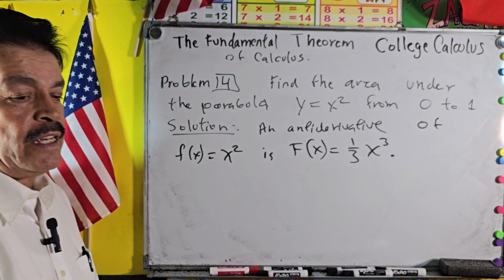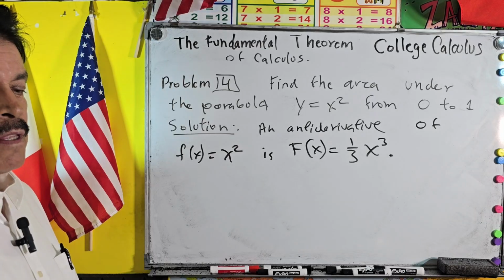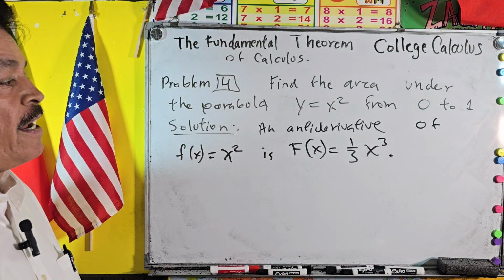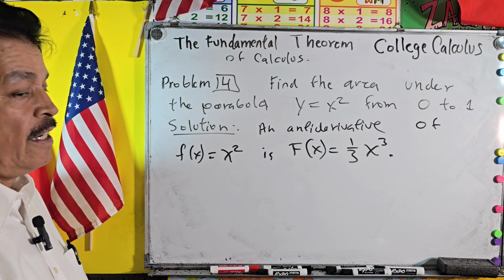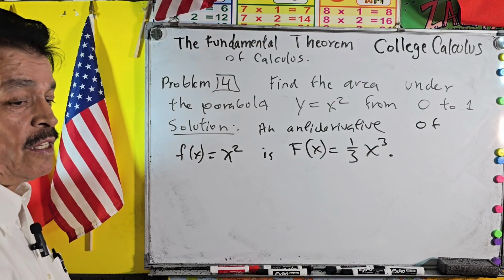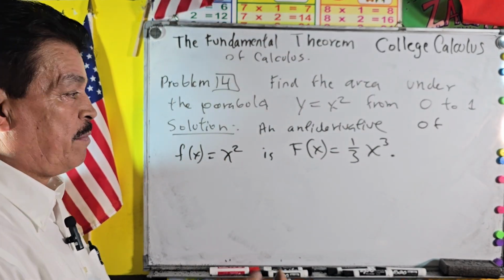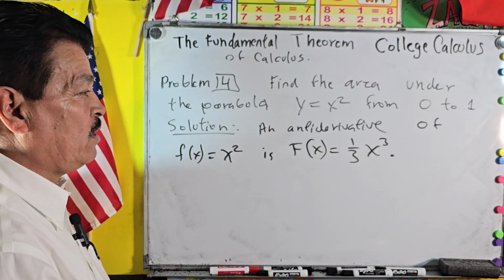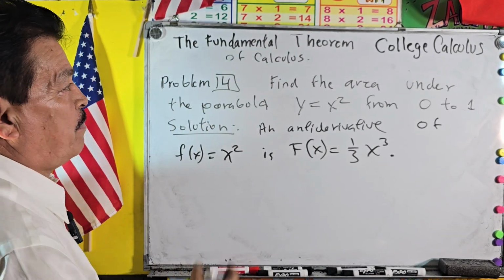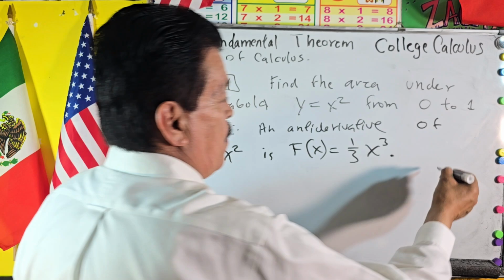So the required area is found using part 2 of the fundamental theorem.